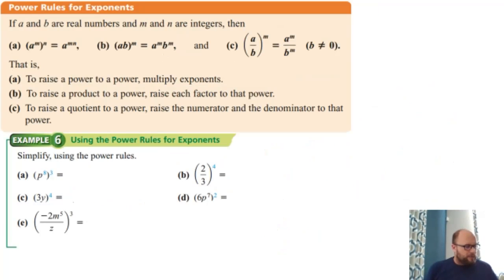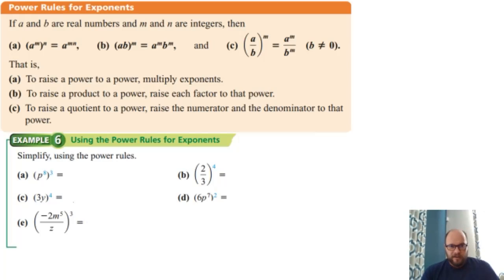All right, power rule. So with the power rule, if a and b are real numbers and m and n are integers, then when you have a number raised to a power and then it's raised to another power, the values that are in the exponents get multiplied. So a to the m to the n is the same as a to the m times n.